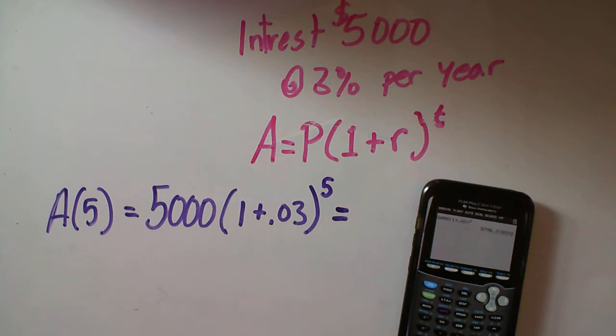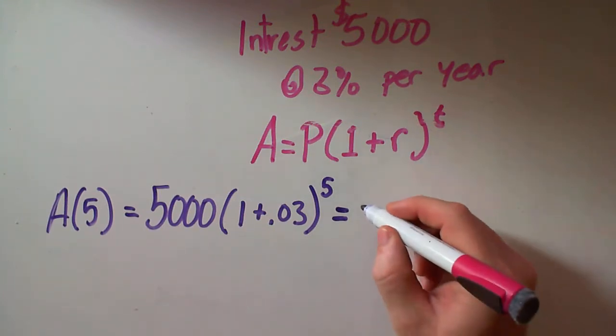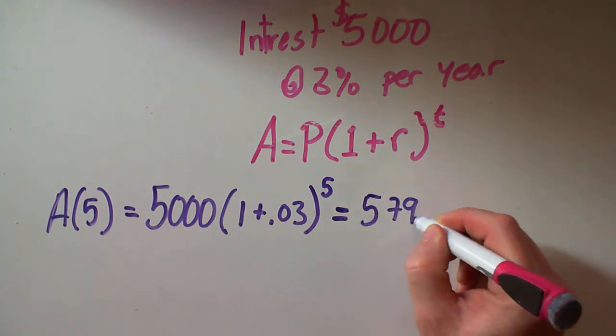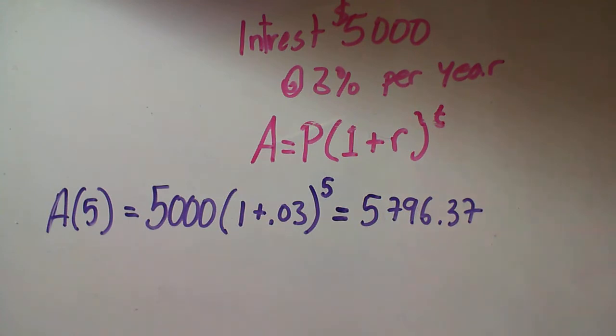And so after 5 years, we have $5,796.37. Now, that's if we compound, meaning that's if we get interest on that one time each year.